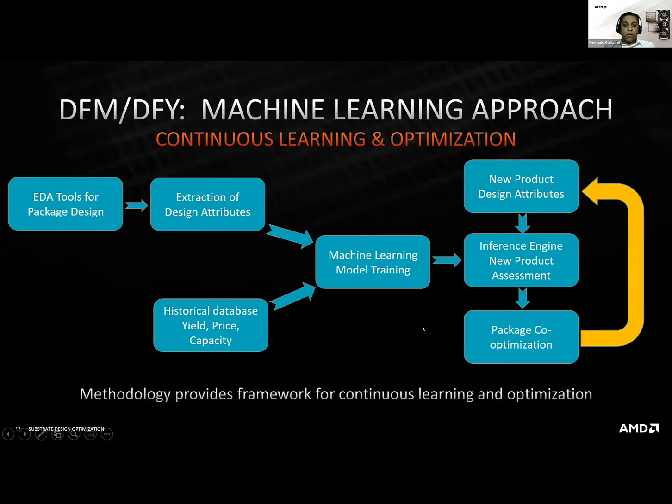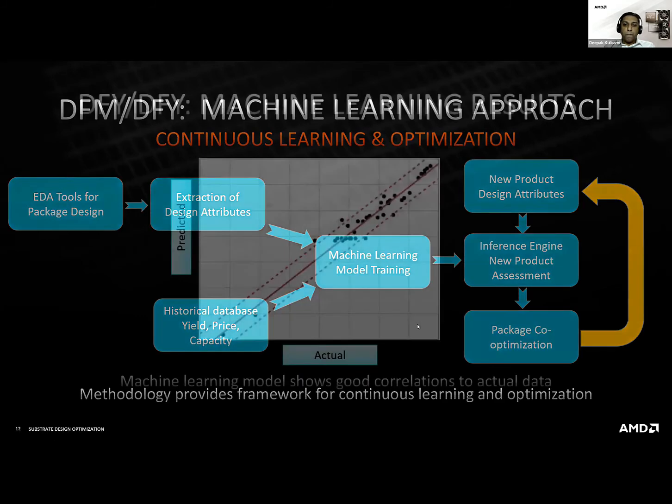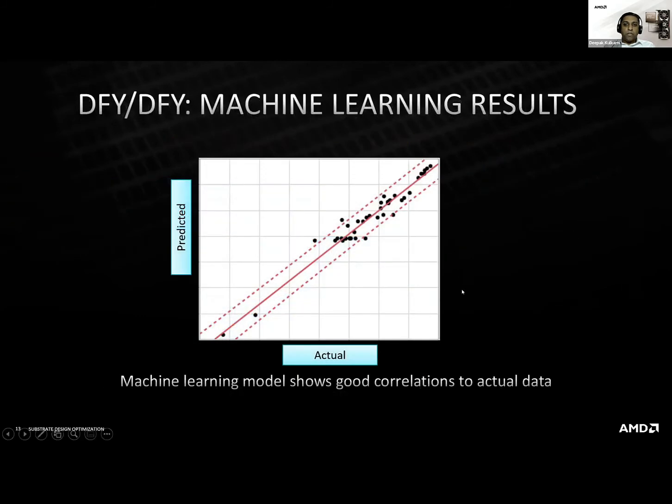So I think the methodology really lends itself to this continuous learning approach, and it also automates the process with some quantifiable metrics that help with making those trade-offs. Based on this methodology that we have developed, here is some initial data that I can share on the accuracy of these models.